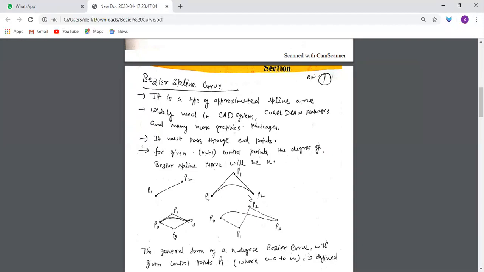So what's happening here is, in Bezier approximation curve, it is mandatory that the first and last endpoint will lie on the curve.